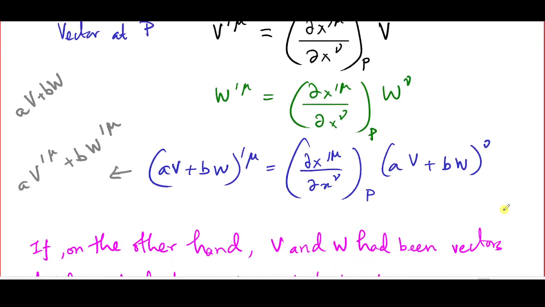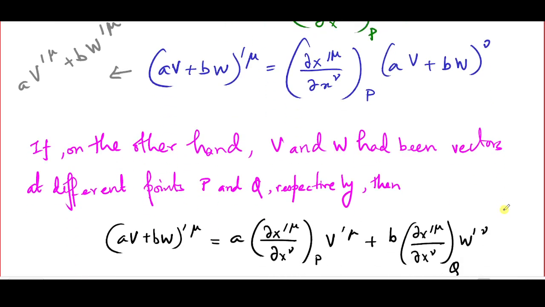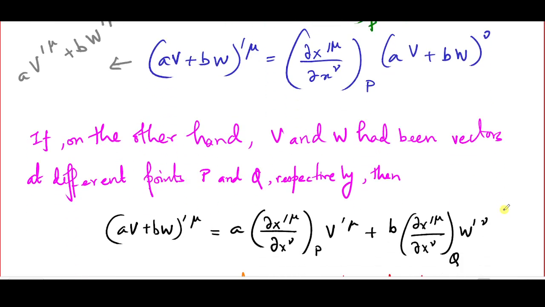If, on the other hand, V and W had been vectors at different points P and Q respectively, then if you were to change the coordinates, AV plus BW prime mu will be, of course, AV prime mu plus BW prime mu, but now you are in trouble because in AV prime mu, what you are going to get is the following: A del x prime mu del x nu at the point P. What I had written earlier was of course wrong.